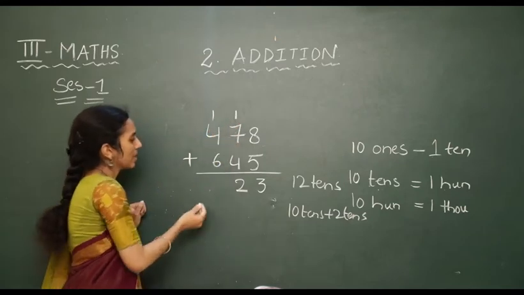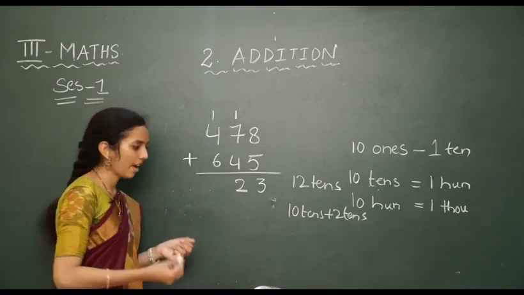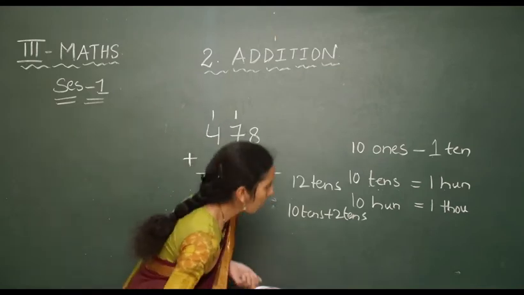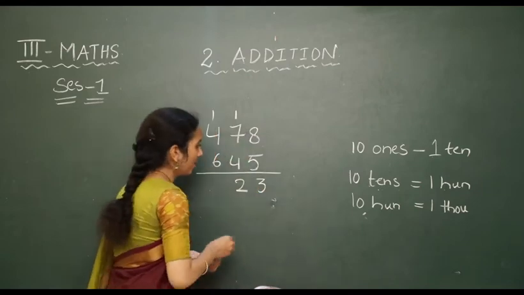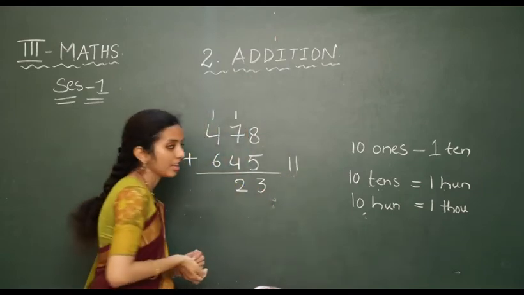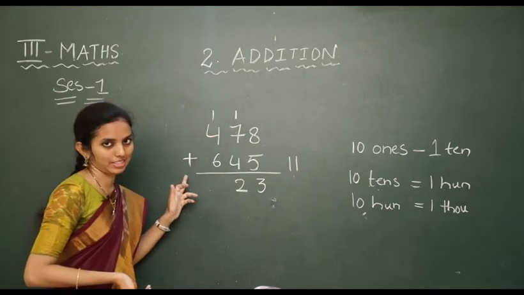So 4 plus 1 is 5, 5 plus 6 is 11. So again we have 11 here. What is 11 here? 11 is the sum of the numbers that are present in the hundreds place.